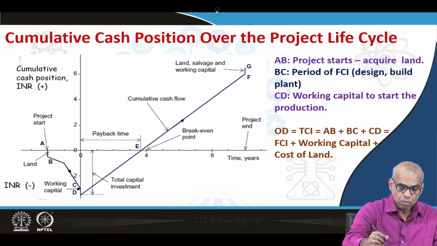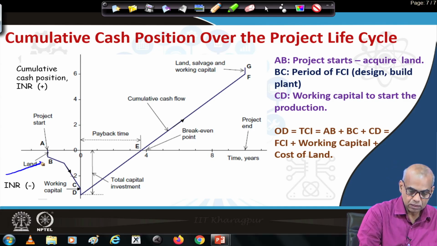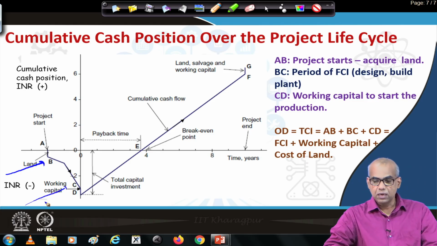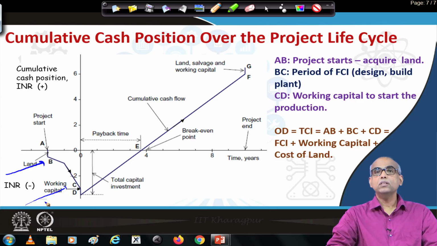Then from point B to point C represents the period over which you have invested your fixed capital. So, this fixed capital goes for the design of the plant as well as construction and building of the plant.